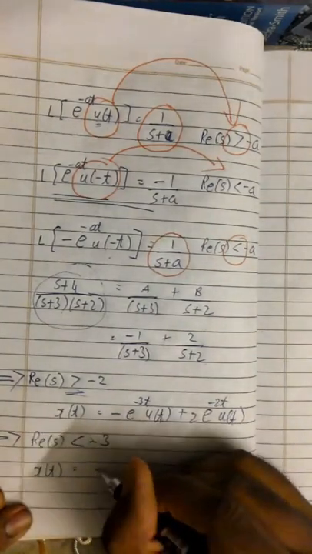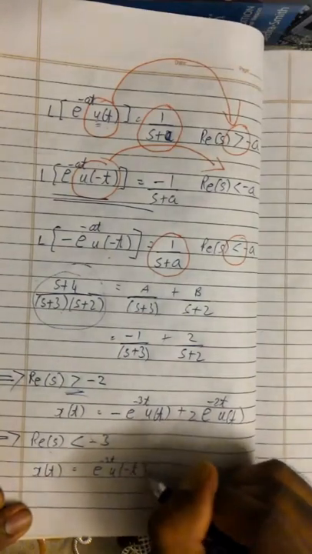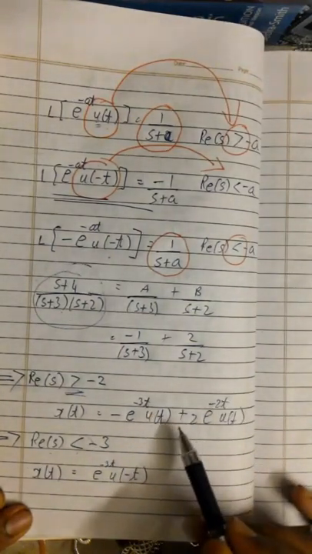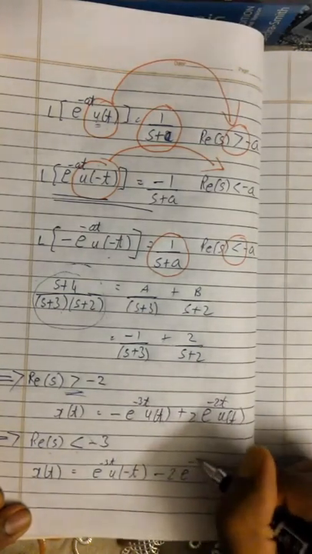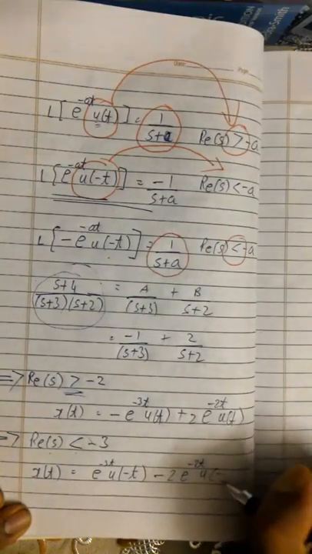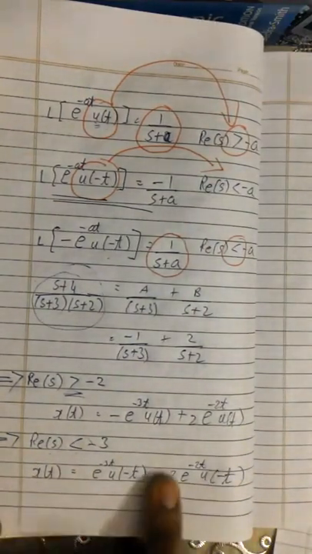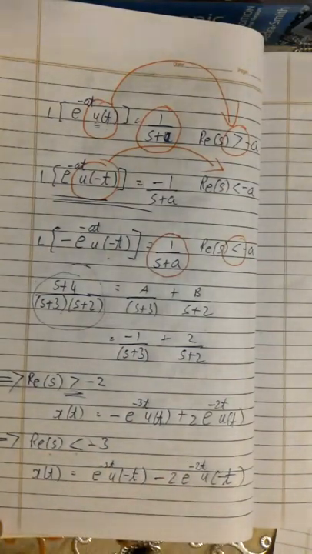So it will become plus e raised to minus 3t u of minus t. And then here it is plus, so I multiply by minus, it will become minus 2 into e raised to minus 2t u of minus t. See, that means this signal became a left-sided signal. So this is how I represent my left-sided signal.